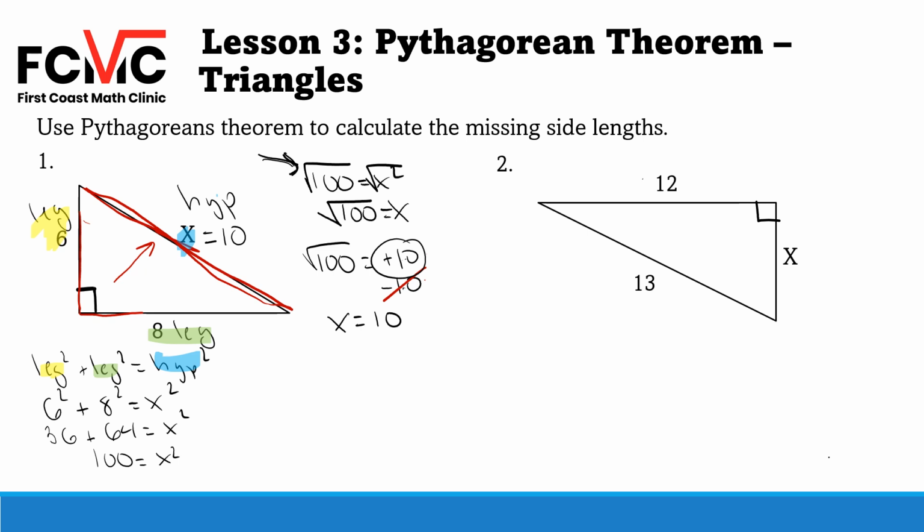For number 2, our legs are 12 and x because they meet up to create the right angle. Our hypotenuse is 13. So using the Pythagorean Theorem, leg squared plus leg squared equals hypotenuse squared.